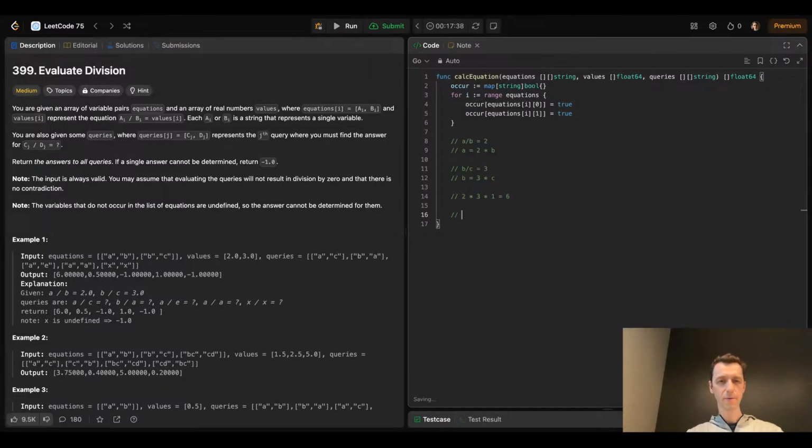Same thing here for, what is B divided by A? Yeah, we need to show that B, oh, wait a second.